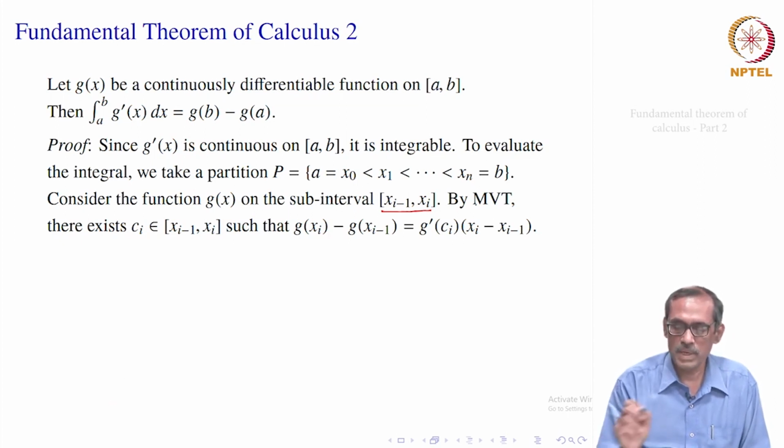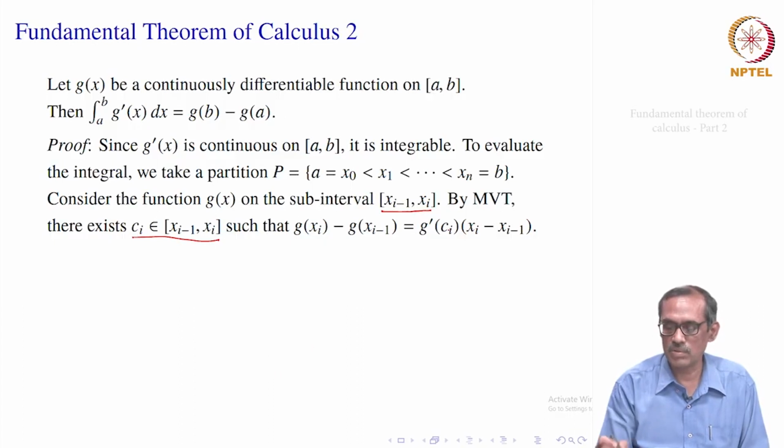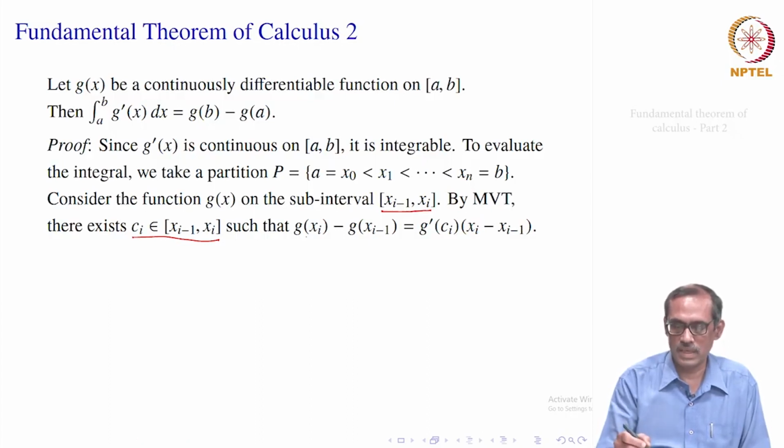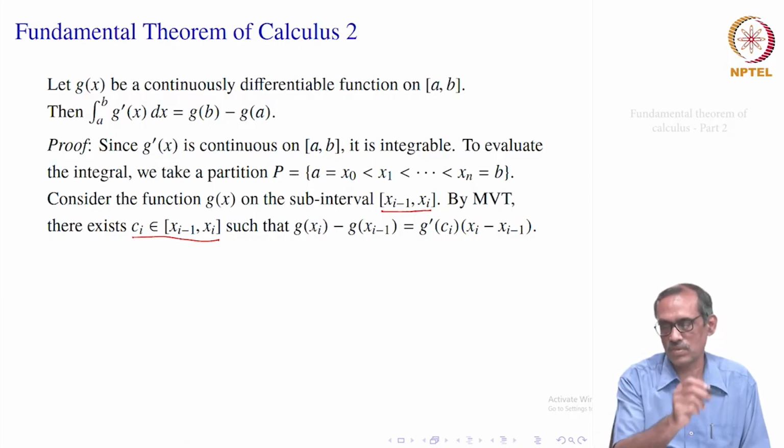Then by the mean value theorem for derivatives, there exists a point c_i inside this such that g of x_i minus g of x_{i-1} equals g prime at c_i times (x_i minus x_{i-1}). If you remember, we have used this trick in solving one or two problems, such as forming the integral of 0 to 1 cosine x and so on. Okay, we are using really this idea in the proof of this to solve that problem.